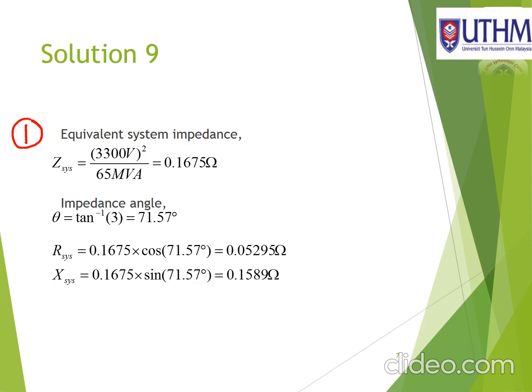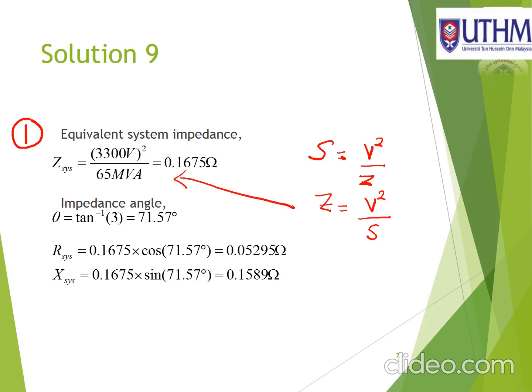As we know, S is equal to V squared divided by Z. By rearranging the formula, we get Z is equal to V squared divided by S.